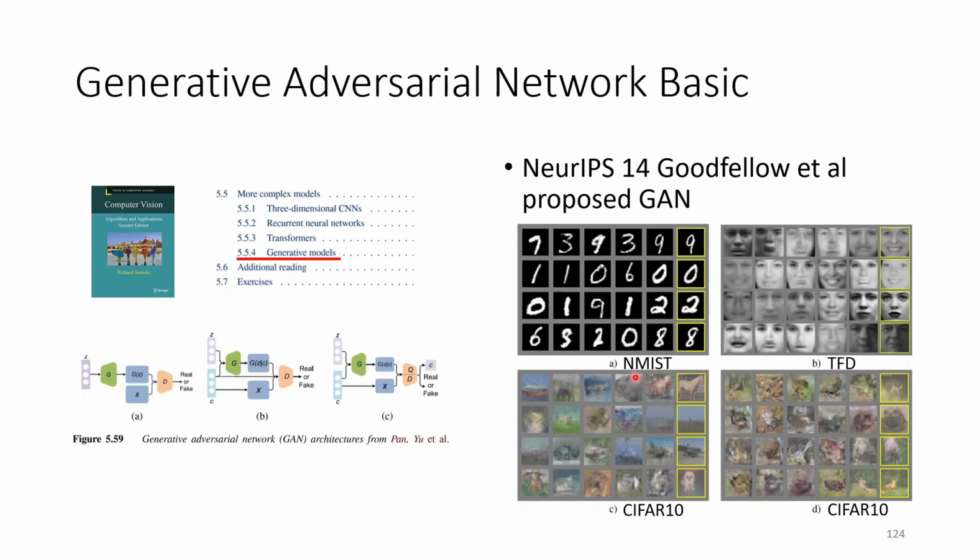It should be MNIST. And there is another dataset, TFD, and the CIFAR10. You are familiar with it. So in 2014, Goodfellow's method can generate those images. This column is the ground truth images. Okay, and the same here. This is the ground truth, and these are images generated by the first GAN algorithm.